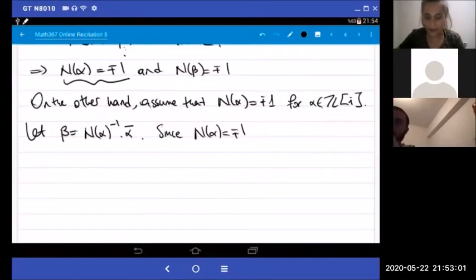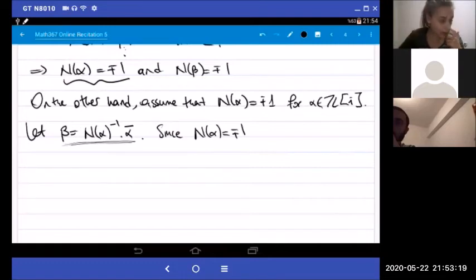Now we're going to show the other side of our implication. We have taken an element with norm plus or minus 1, and we consider this element beta, the inverse of the norm of alpha times the conjugate of alpha.